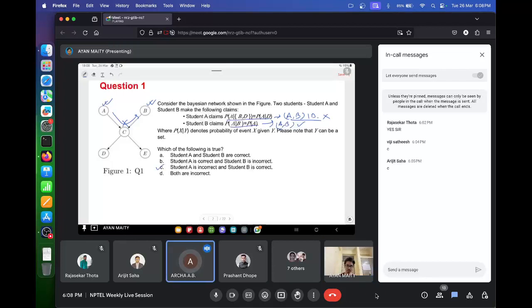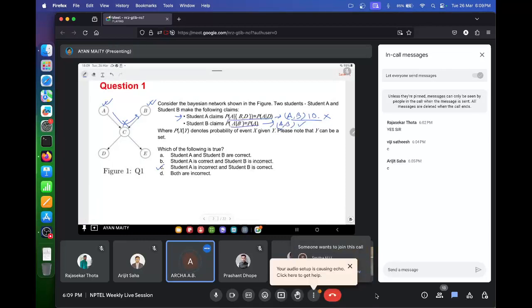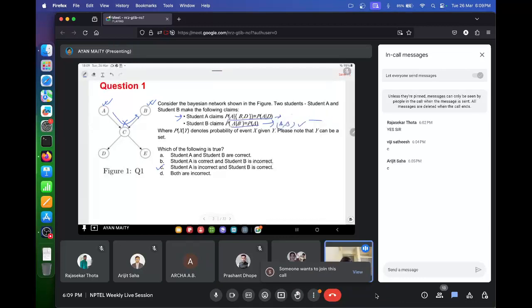Sir, please explain the function: probability of A given B, D equal to probability of A given D. How can we write that like that? Which one are you asking first? Student A claims probability of A given B, D equal to probability of A given D. I'm not saying this is probability of A comma B given D. I'm just stating what student A is claiming: this basically means A and B are independent if D is given.